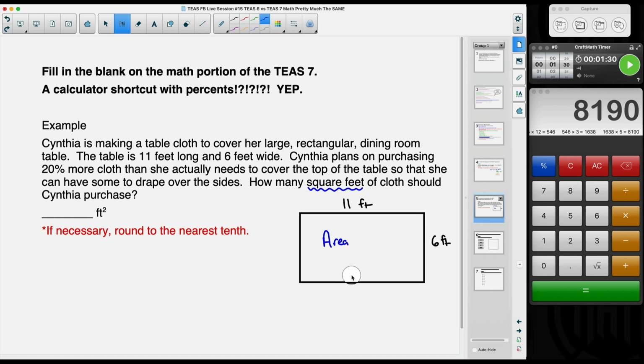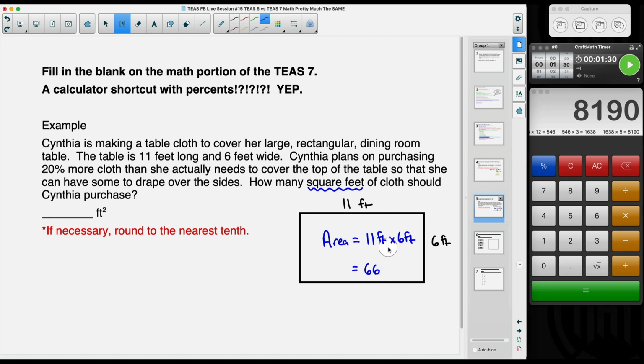Square feet, square inches, square miles, square meters, square anything is area always. Now the area of a rectangle, you definitely want to know it. Multiply your length, 11 feet, times your width, which is 6 feet. And most people just say 11 times 6, and it is 66.